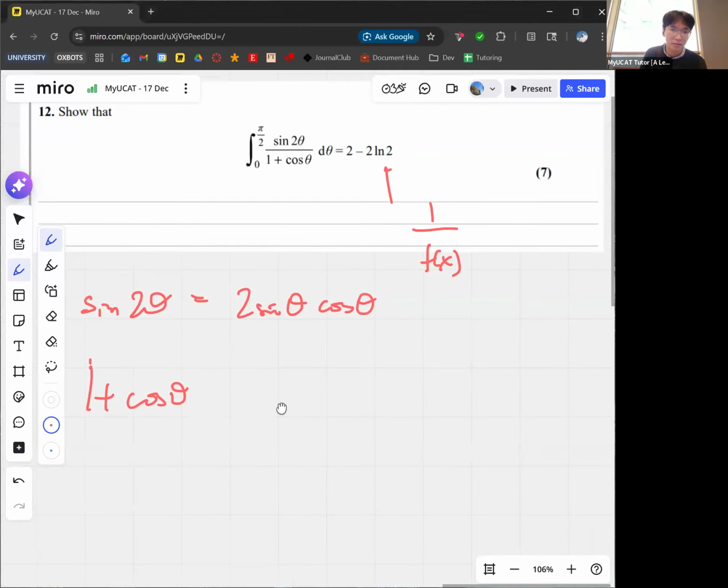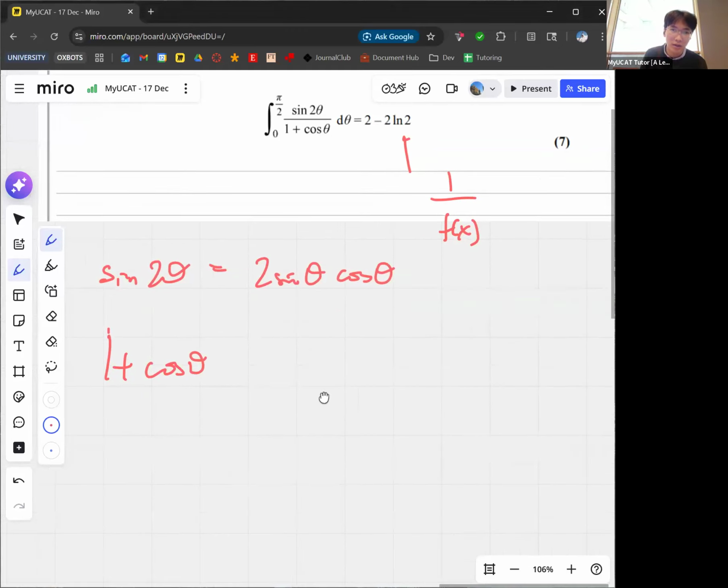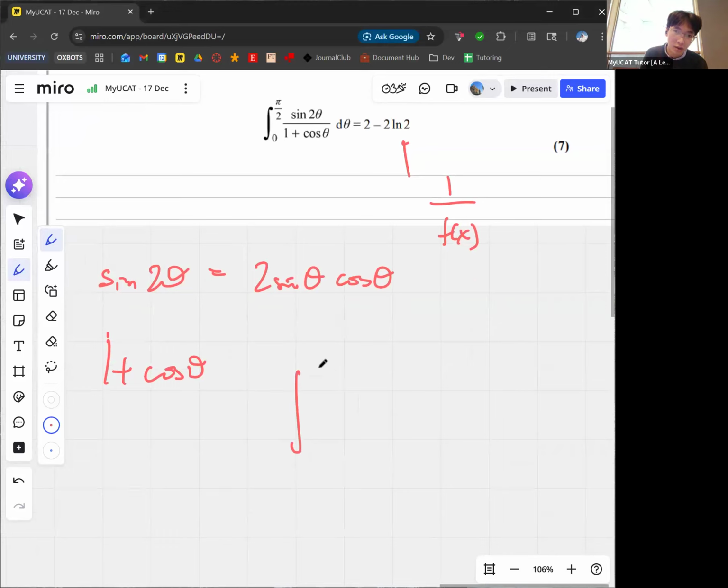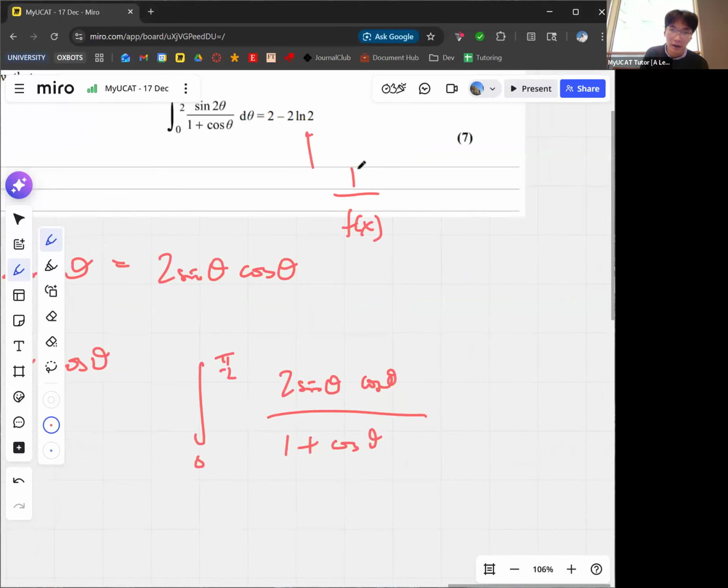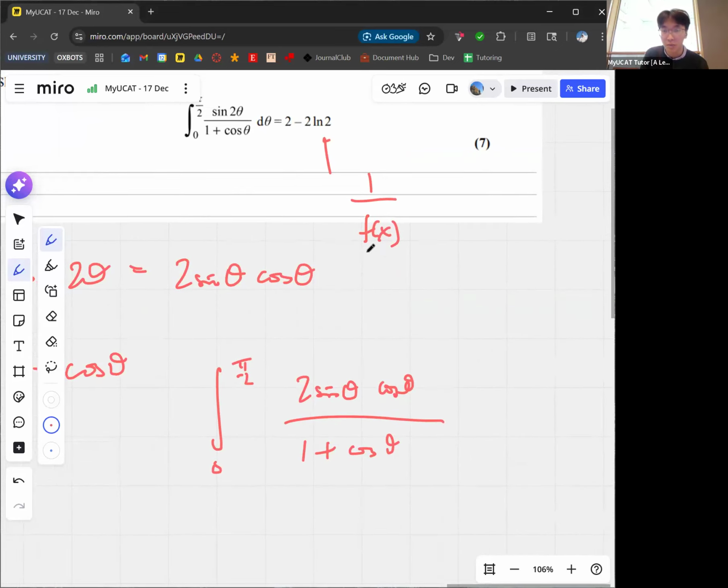And so you're thinking, okay, so I'm probably integrating from 0 to pi over 2, 2 sine theta cos theta over 1 plus cos theta. And I see this natural log, which might mean that I'm integrating the lower function.